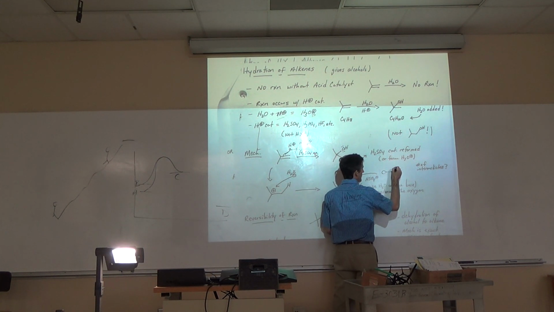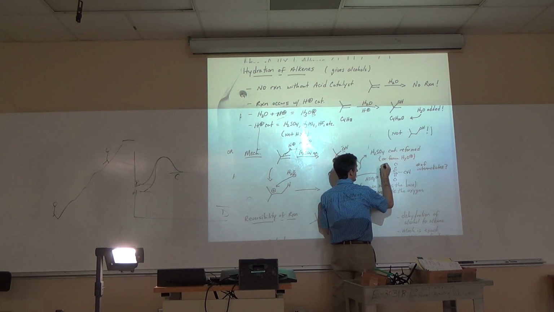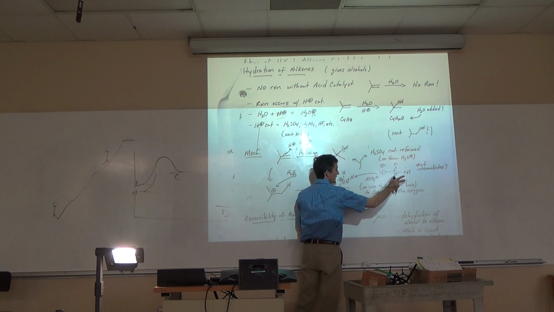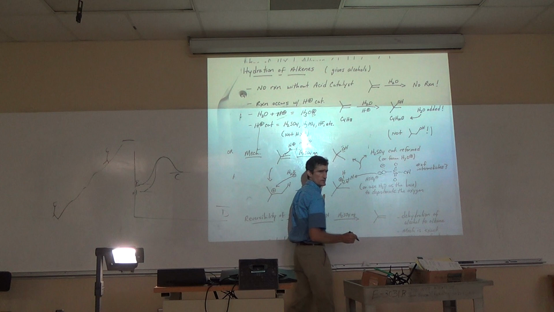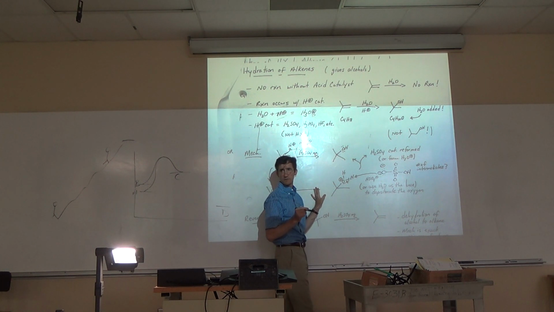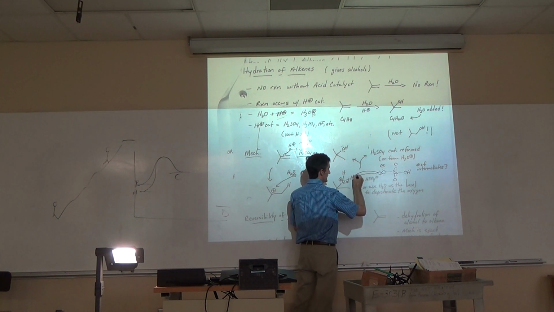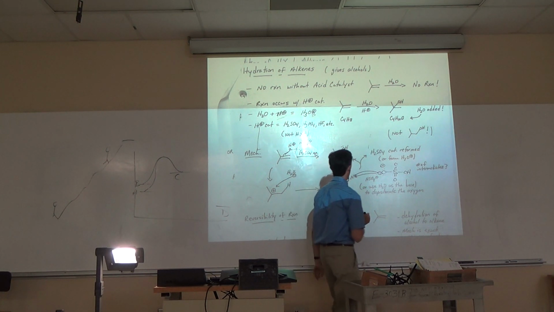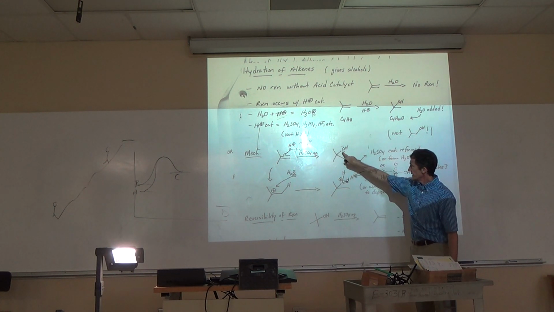Okay? Here's the structure. These electrons, right? Anytime we use an arrow, these electrons take the H. These electrons move on to oxygen. That gives our final product.